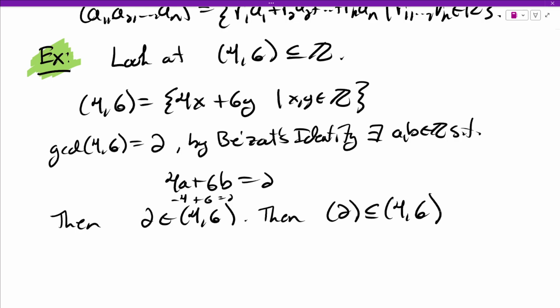And in fact, the converse is true. Well, the reverse inclusion is true, let me put it like that.